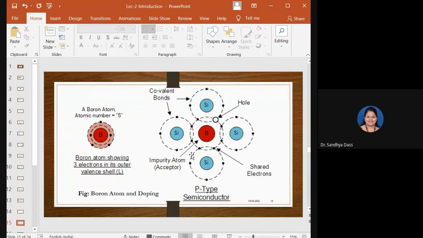The doping of boron atoms causes conduction to be mainly through positively charged carriers, resulting in p-type material, right? So in p-type material, as we know, holes are the majority carriers, while the free electrons are called the minority carriers. So the semiconductor is now called p-type when its acceptor density is greater than the donor density. Therefore, a p-type semiconductor has more holes than electrons.